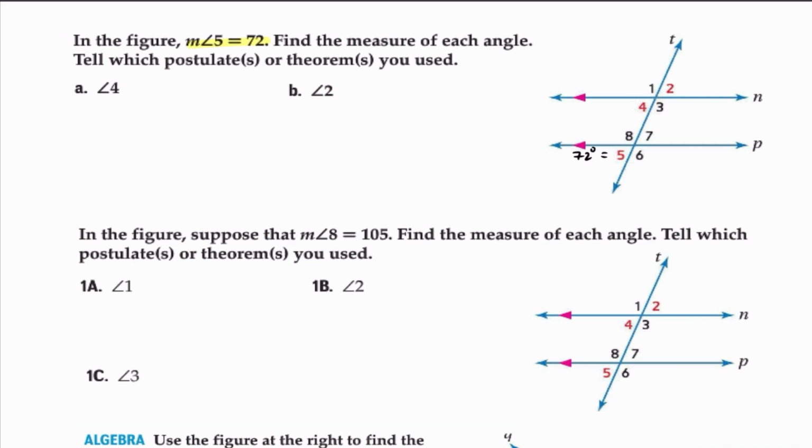So if I know that the measure of angle 5 is 72 degrees, then the measure of angle 4 must be 72 degrees by corresponding angles. So if you're standing over here, it's kind of like saying you're standing over there. So angle 4 is congruent to angle 5 by corresponding angles.